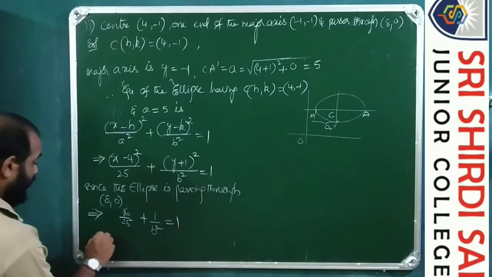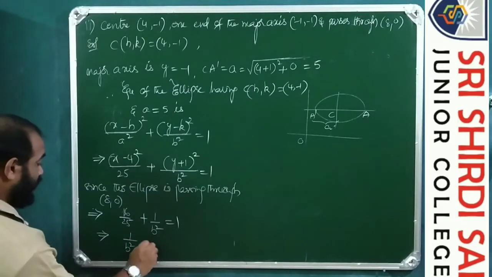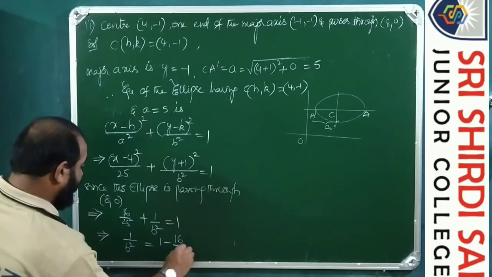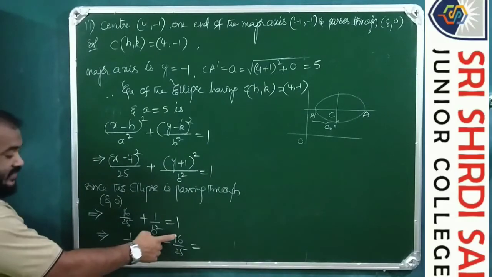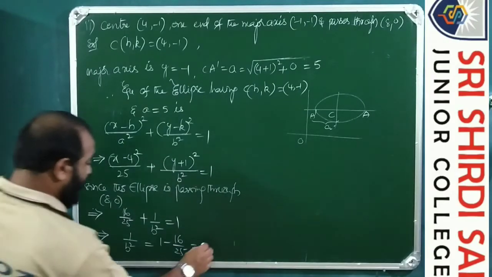From this, 1 by b square is equal to 1 minus 16 by 25, which is 25 minus 16, equal to 9 by 25.